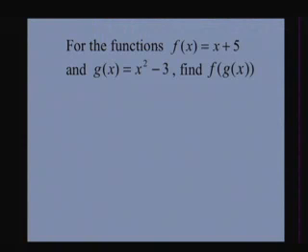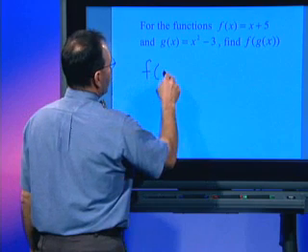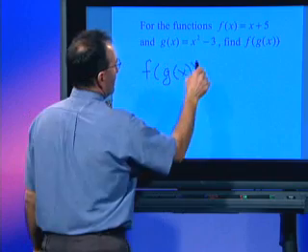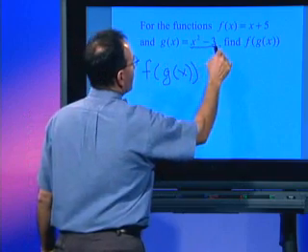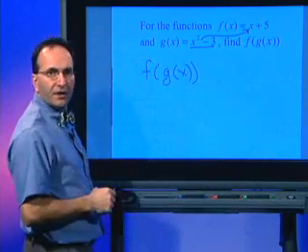So for the functions f of x equals x plus 5 and g of x equals x squared minus 3, we want to find f of g of x. All right, so what that looks like then is to take g of x, which is x squared minus 3, and substitute it in for x here.